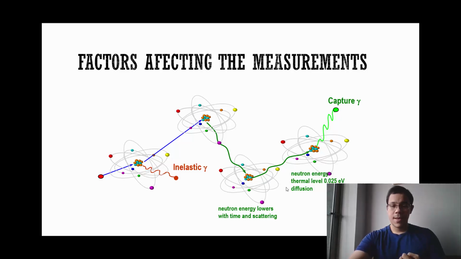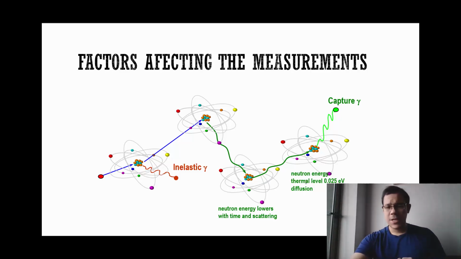And what do we mean by a thermal level? An energy level of 0.025 electron volts. Once the neutron becomes thermal, it can be detected by the detectors of our neutron tool.